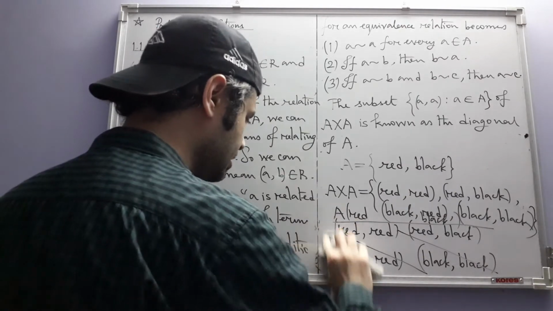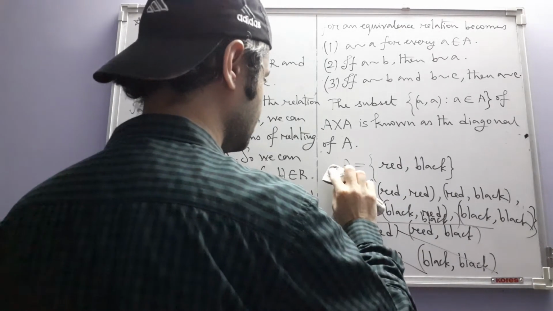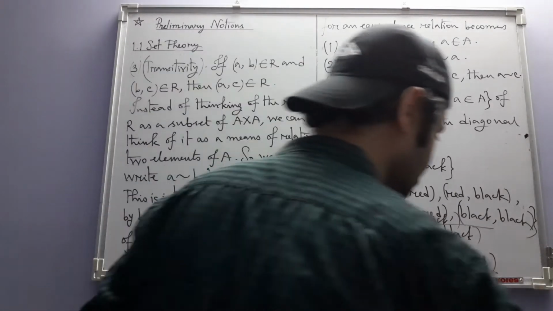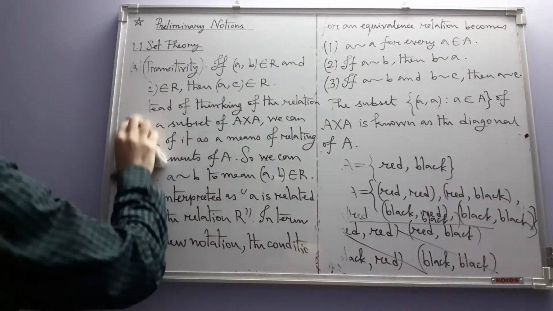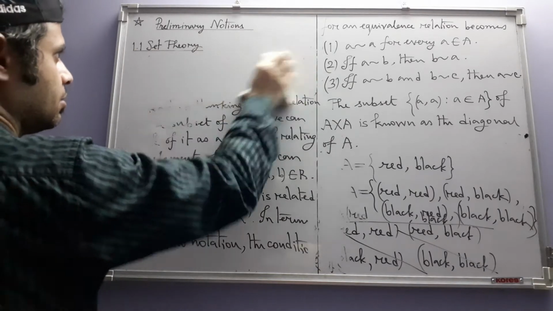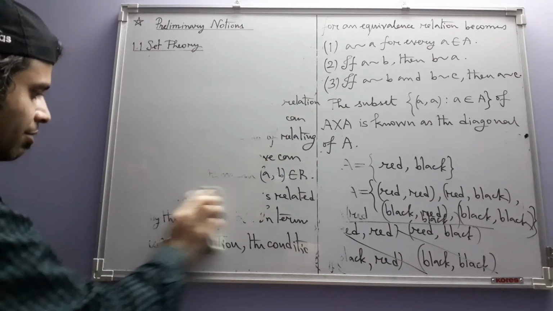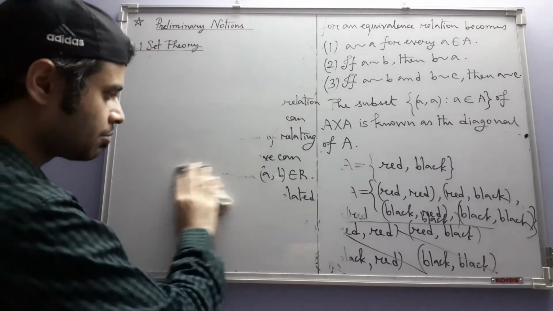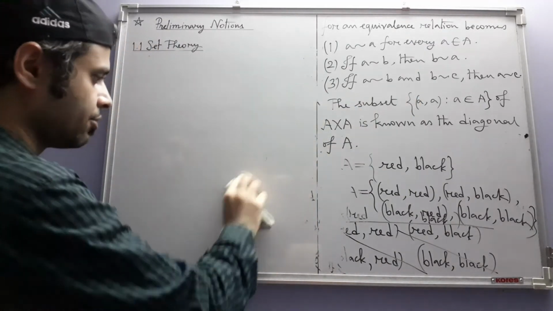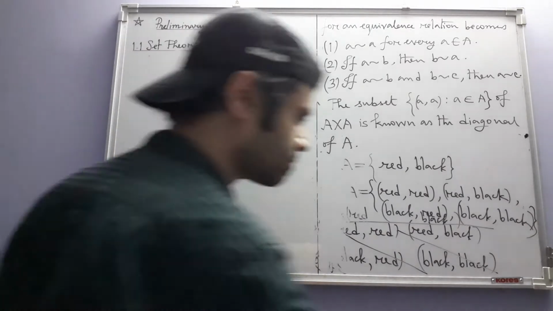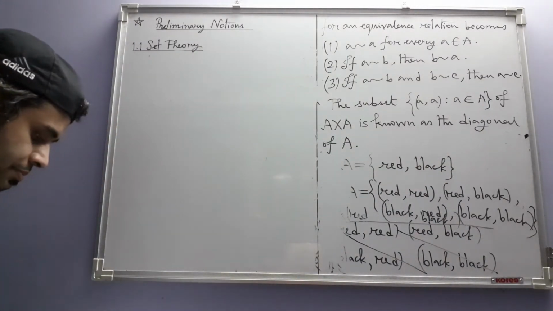Why we are saying diagonal of A cross A will become clear later, let me just keep it like this. If we ever need to mention this particular set, we will just simply say diagonal, and we will understand what we mean.